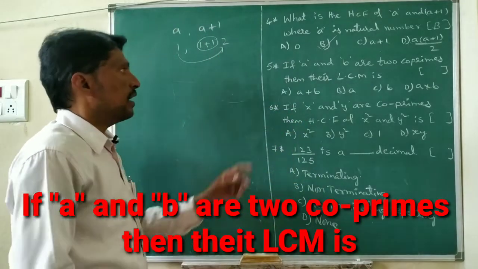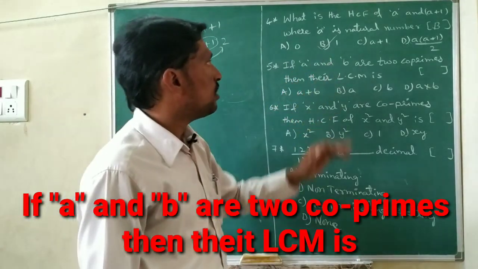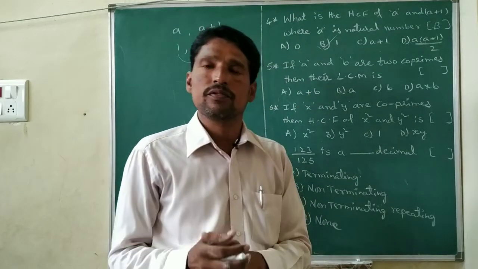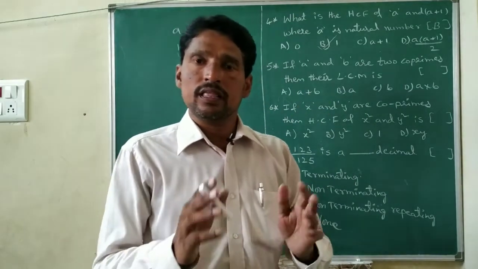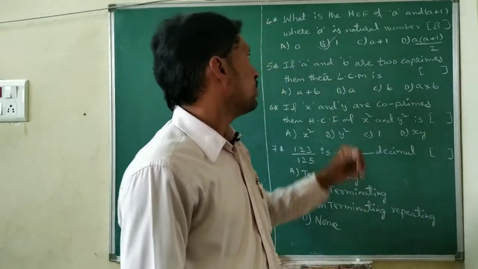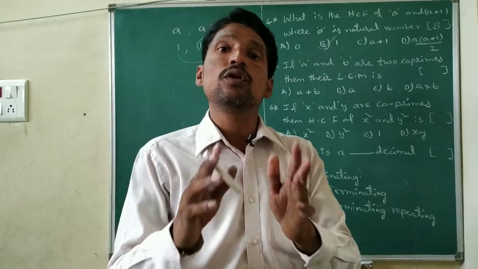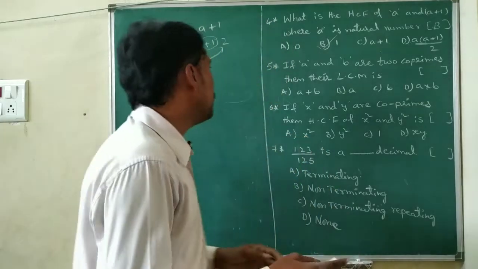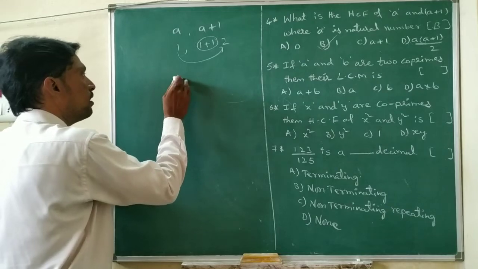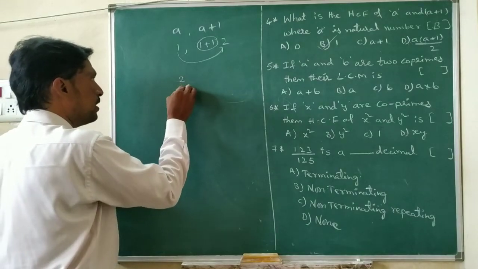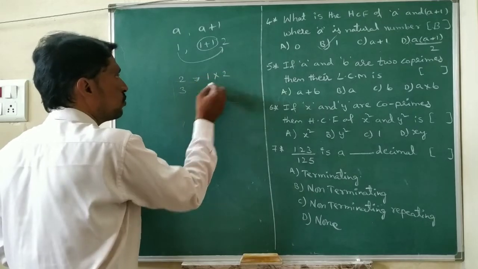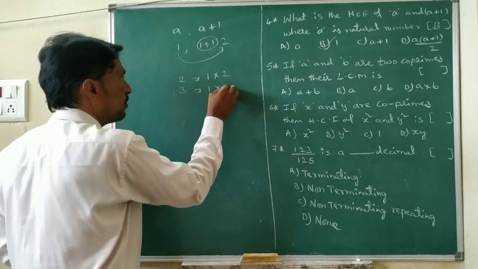Next, if A and B are two co-primes, then their LCM is? What are co-primes? Two numbers whose HCF is 1 are called co-primes. So they do not have common factors. For example, you can take 2 and 3. Prime factors: 1 into 2 and 1 into 3.